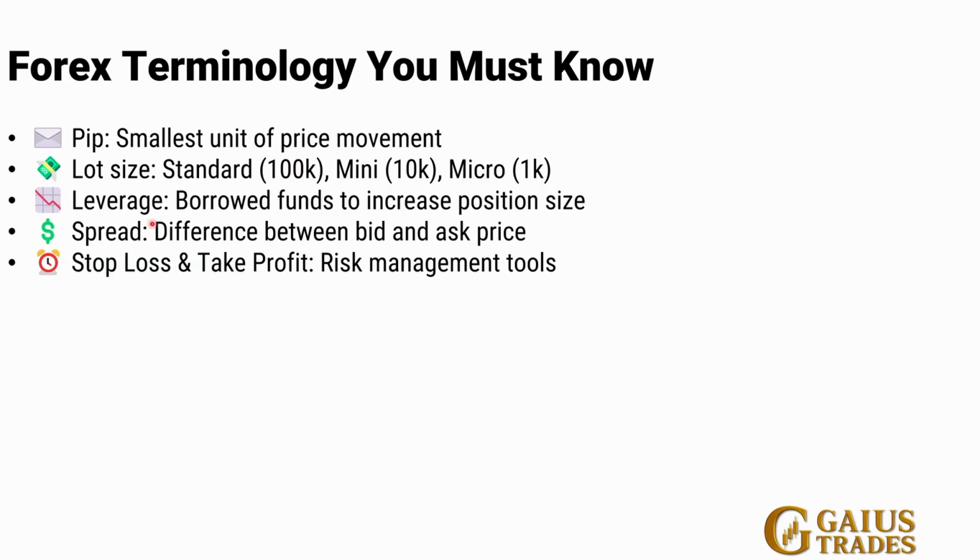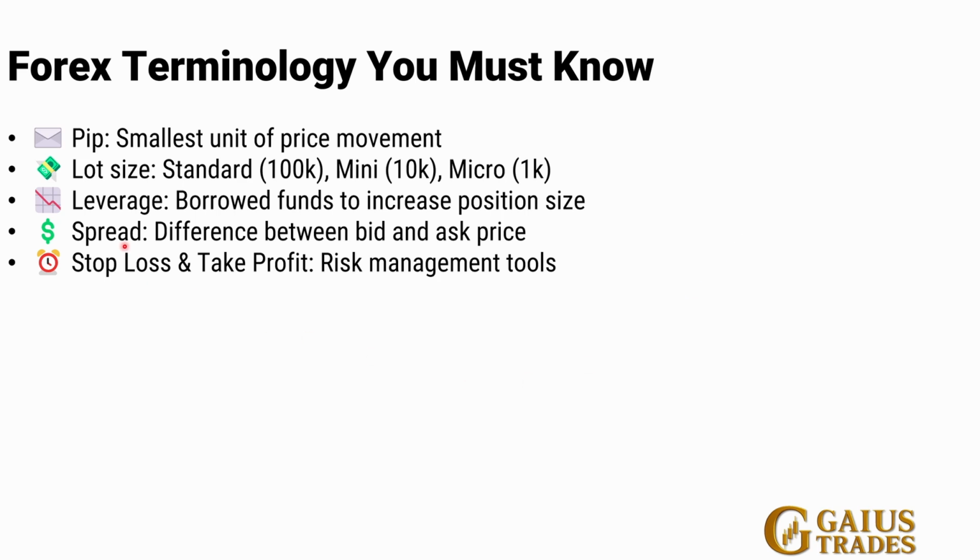Leverage. What is a leverage? Leverage is borrowed funds that help you increase your position size. For example, if you want to trade and you want a leverage of 1:100, and you're risking, let's say, 50 US dollars, it means your trade will be multiplied by 100 to get that lot size.